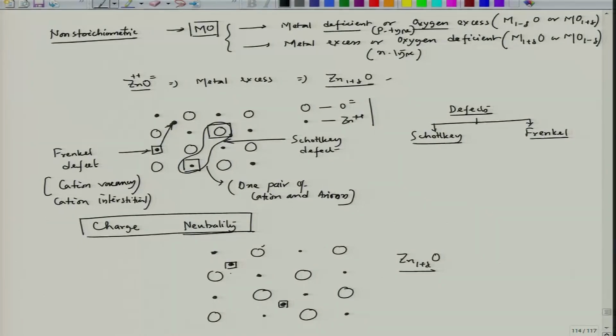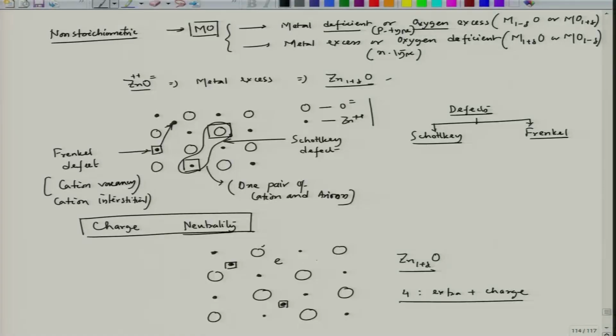Then of course, I could see that it has 4 extra positive charge. If there are 4 extra positive charges, then we have to have 4 electrons in the system in order to neutralize them. So, that is what we have, 4 electrons. Okay. So, this is the structure we get.